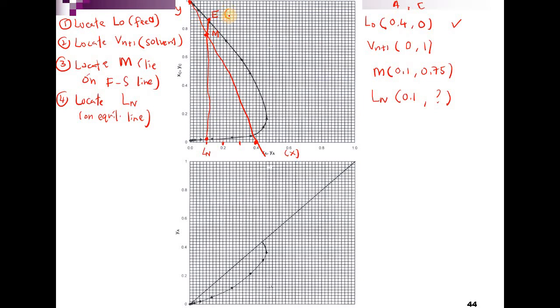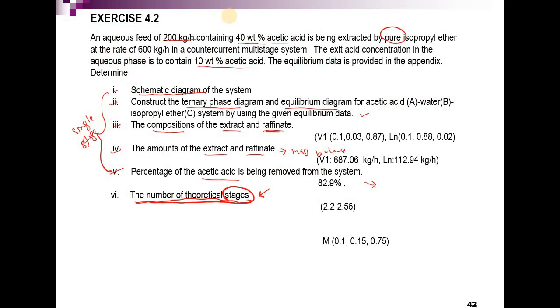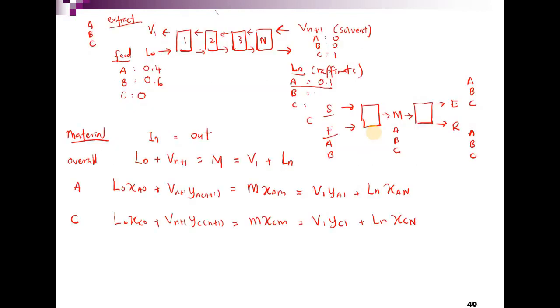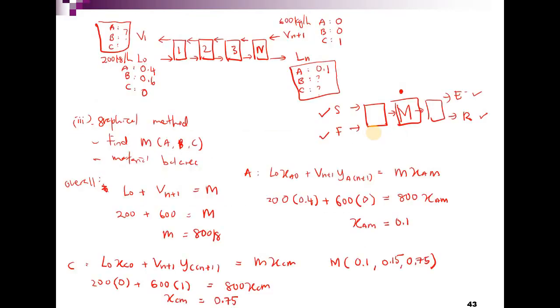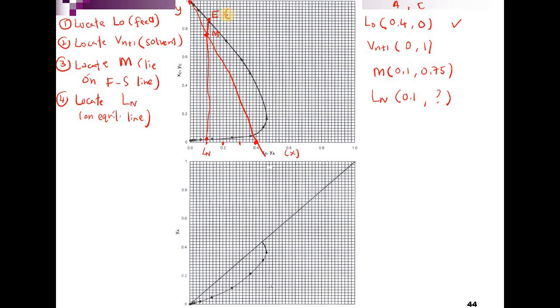You will get 0.1 and 0.87, the coordinate is 0.1 and 0.87. So you will get V1, or the extract, as 0.1, 0.87.